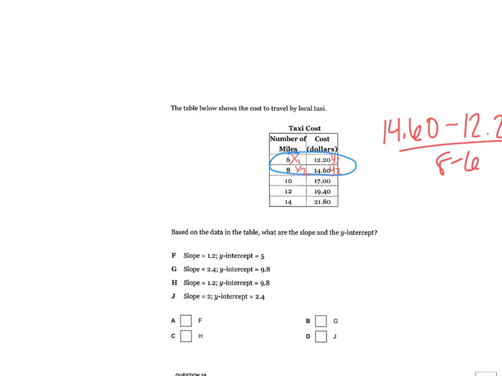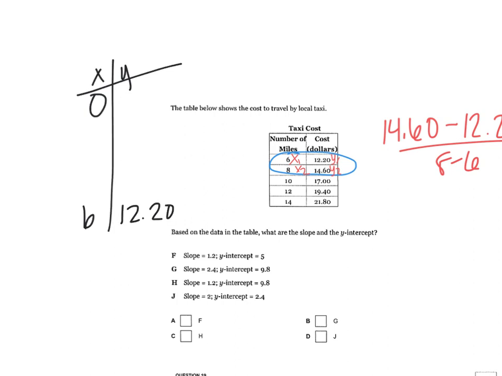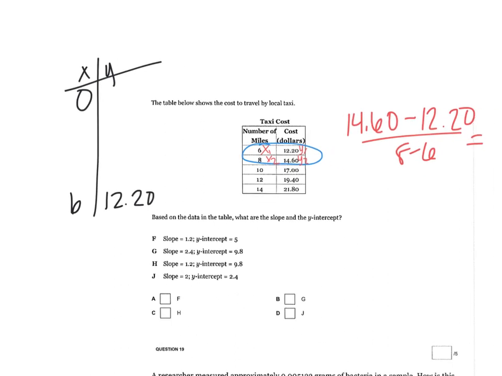They don't leave you any choice. I would rewrite the table, and the goal is to get back to 0. So right now they gave you 6, and 12, 20. So whatever your slope is, we have to subtract all the way back until we get to 0.